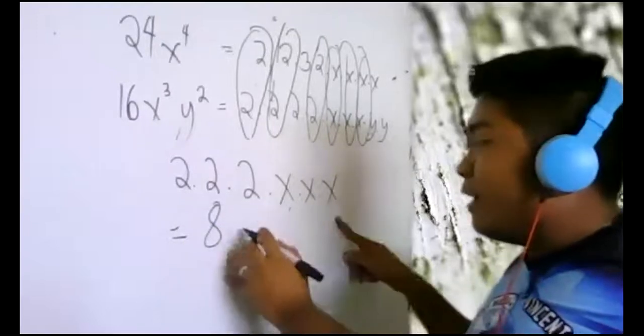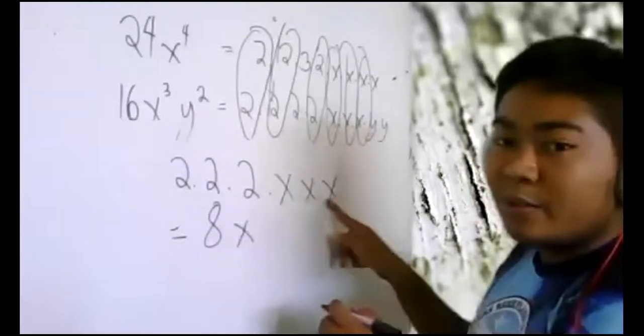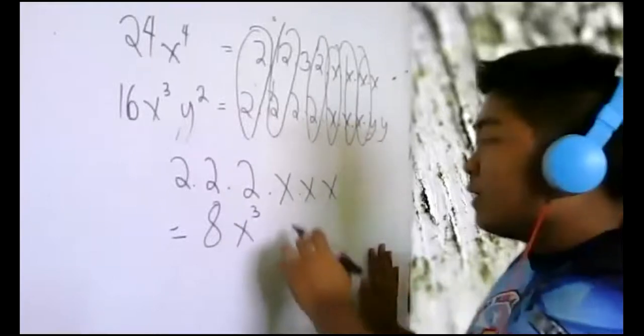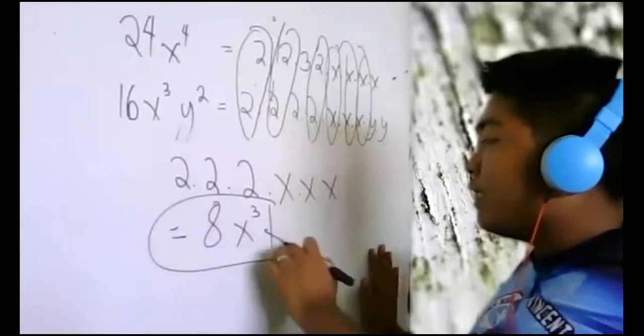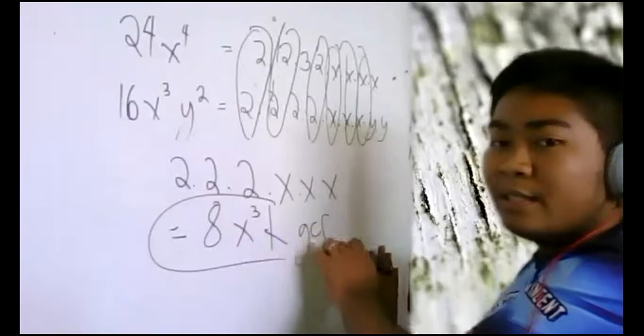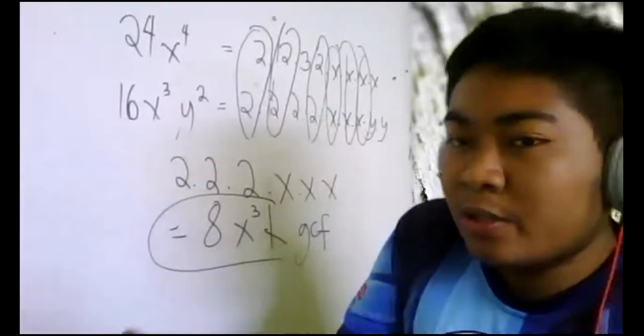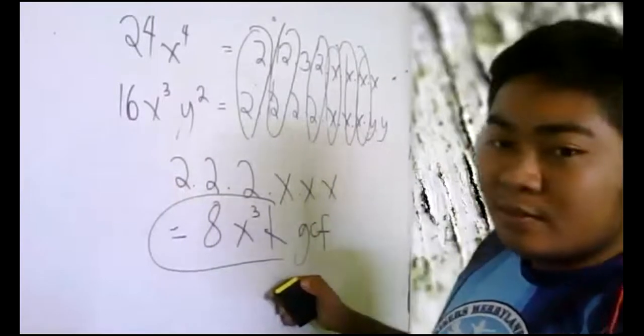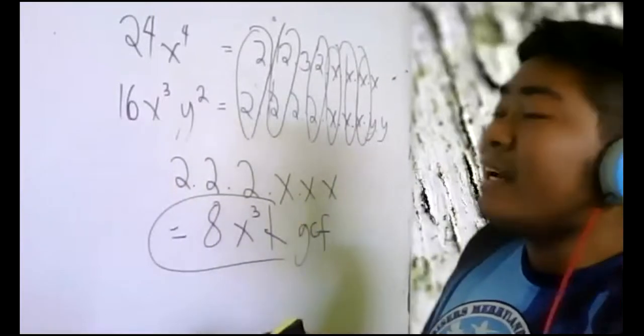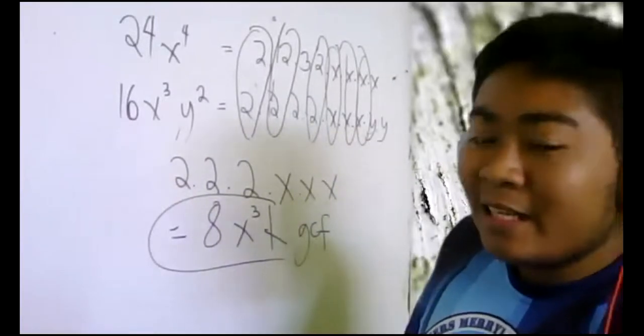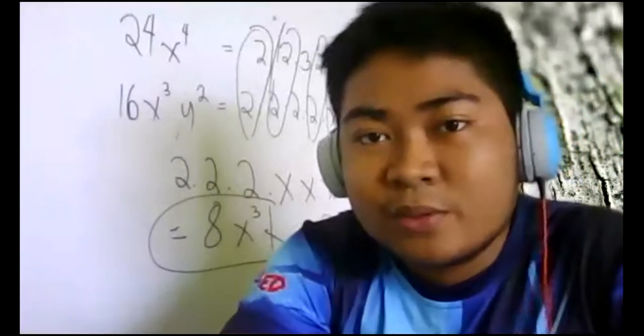Then copy the variable x raised to 3. So ito na yung tinatawag natin na GCF or the greatest common factor. So tapos na ba tayo? Yes, kasi ang hinahanap niya lang naman is the greatest common factor.